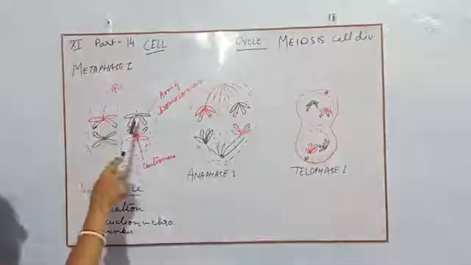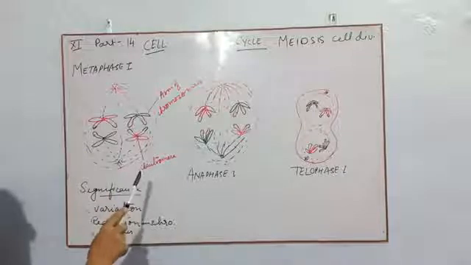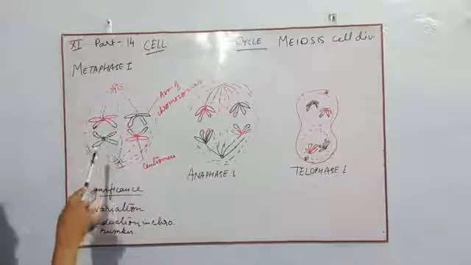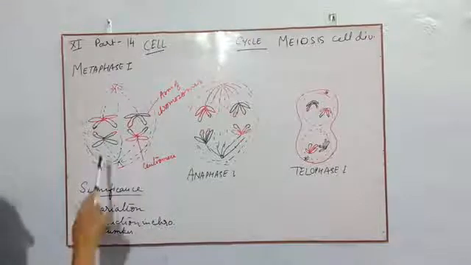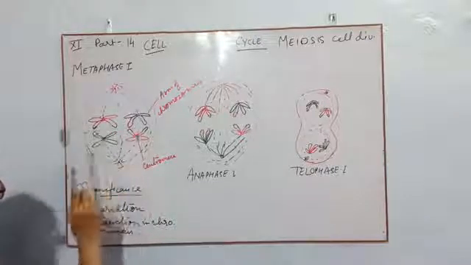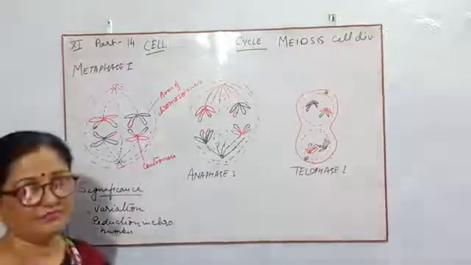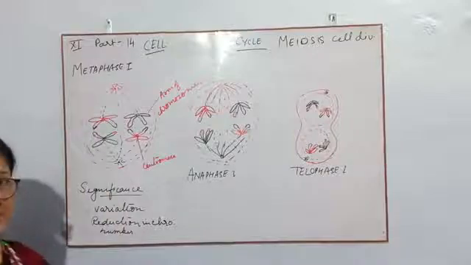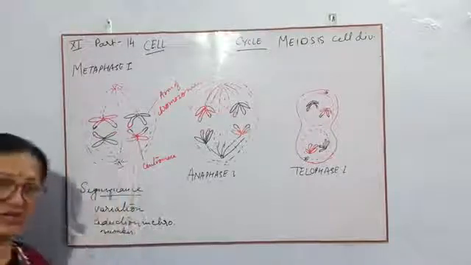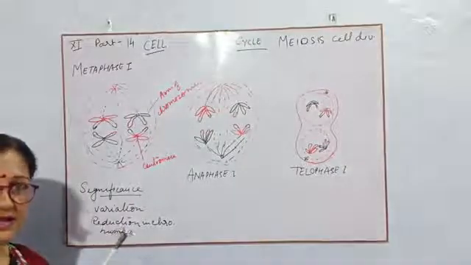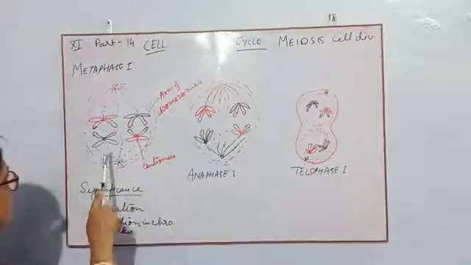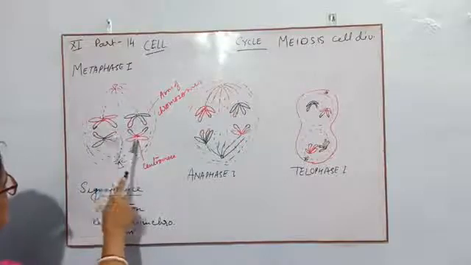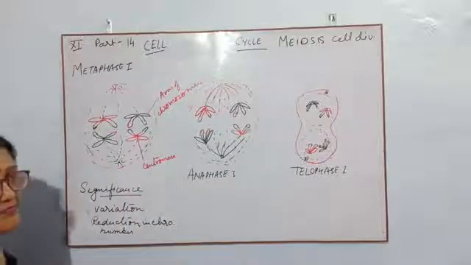Now they are bivalent, and in the metaphase stage they are present near the equator of the cell. So they are not on the equator, but near to the equator. In mitotic metaphase they lie on the equator, and here they lie just nearer to the equator.